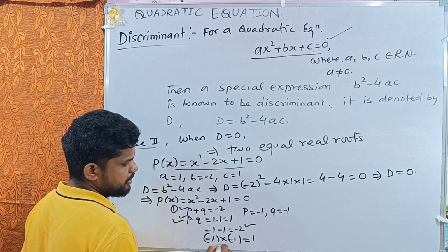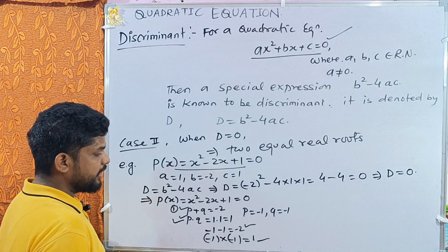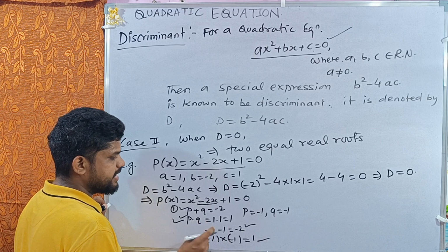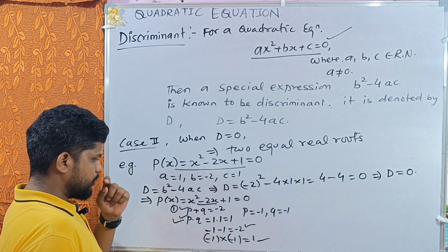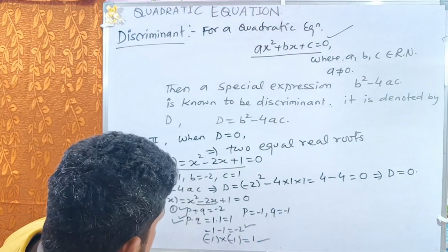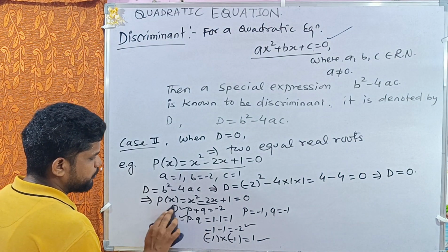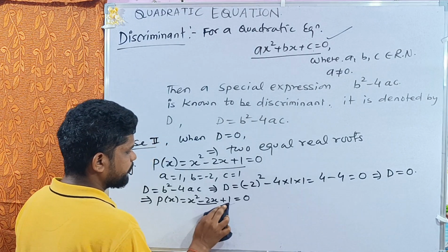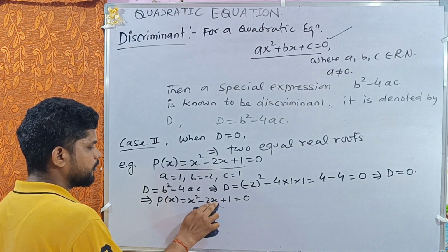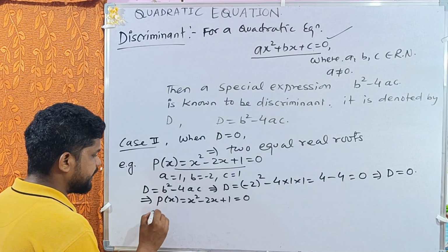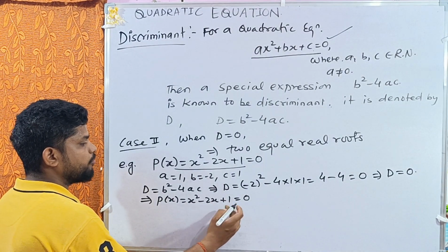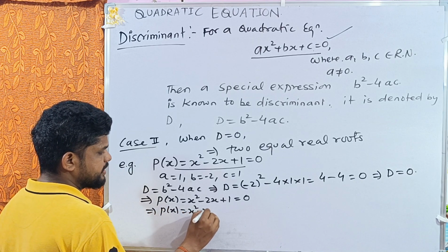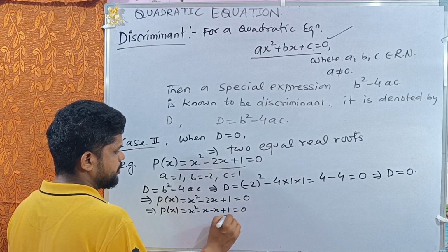which satisfies the first condition, and minus 1 into minus 1 is just 1, which also satisfies the second condition. So here we can write minus 2x as a sum of minus x plus minus x. So let us just erase the portion so that we can write. Here we can split the middle term of this quadratic equation to p of x equal to x square minus x minus x plus 1, which is equal to 0.